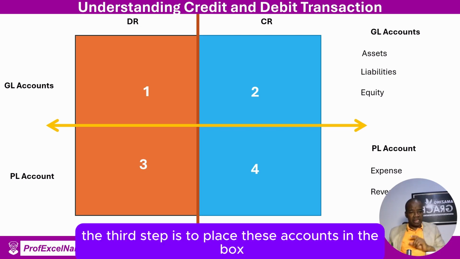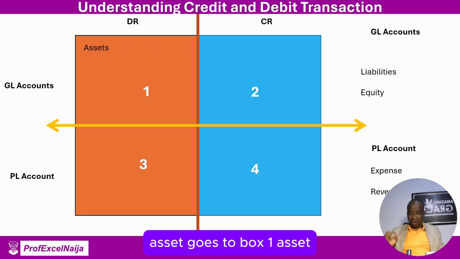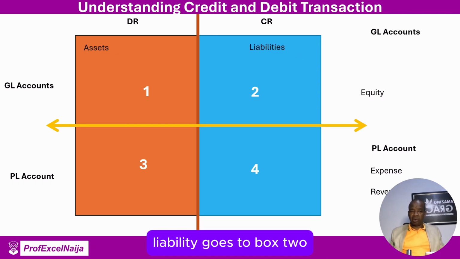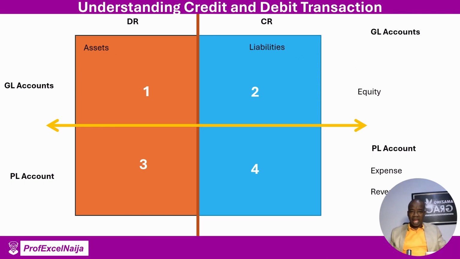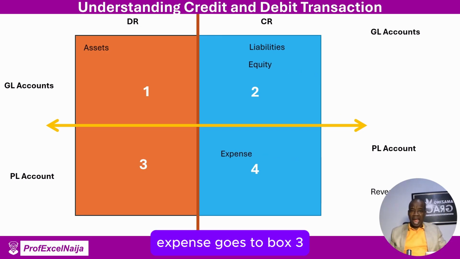The third step is to place these accounts in the boxes they belong to. Asset goes to box 1. Anything asset goes to box 1. Liability goes to box 2. Equity goes to box 2. Expense goes to box 3.